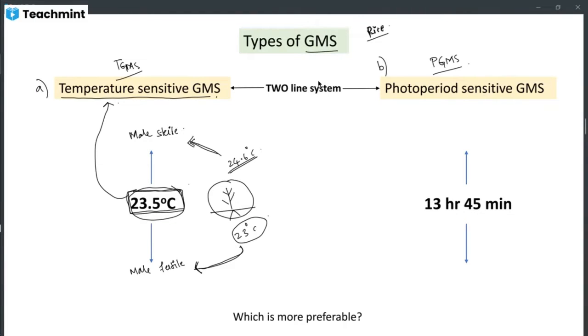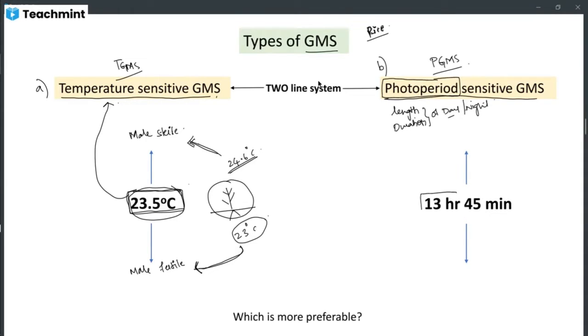Okay. In a similar way, there is another type known as photoperiod sensitive genetic male sterility, which means everything depends upon the photoperiod, that is, the length or duration of the day, as well as your night.